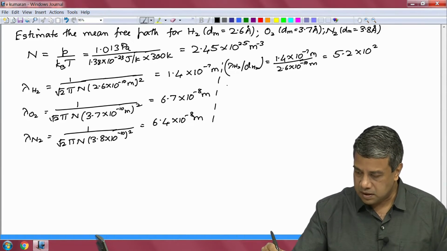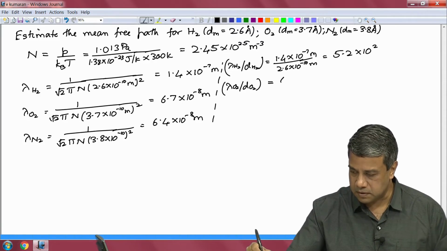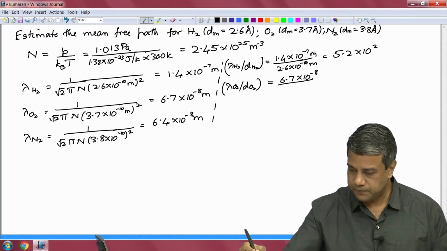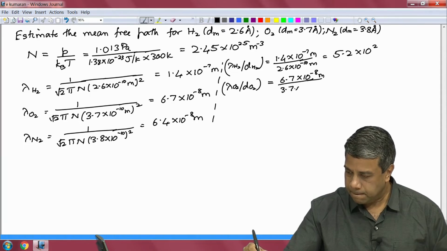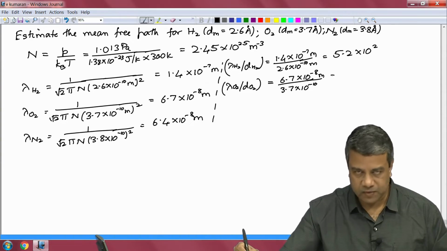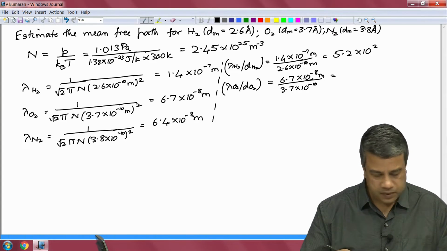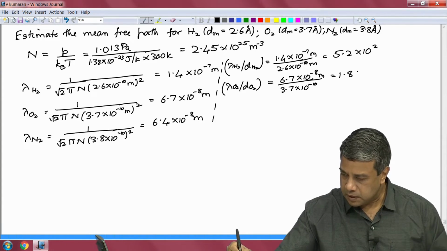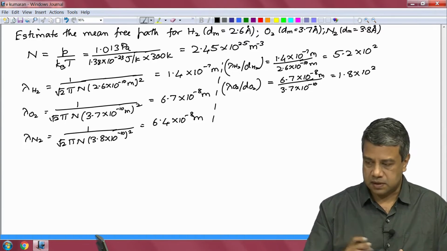And that for oxygen and nitrogen are greater than 100 or so. For oxygen, 6.7 into 10 power minus 8 by the diameter is about 1.8 into 10 power 2. It is about 180, more than 100.